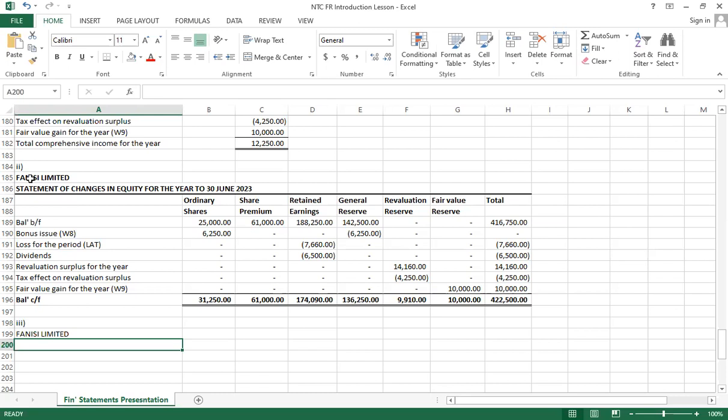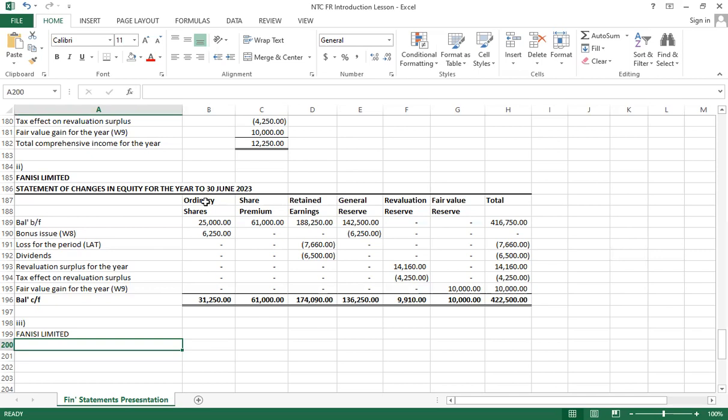For the sole proprietor, all you'll have is the profits and then the capital. Because for a sole proprietor, you don't have ordinary share capital. You just have the normal capital, and then the profits, if at all, the profits retained.